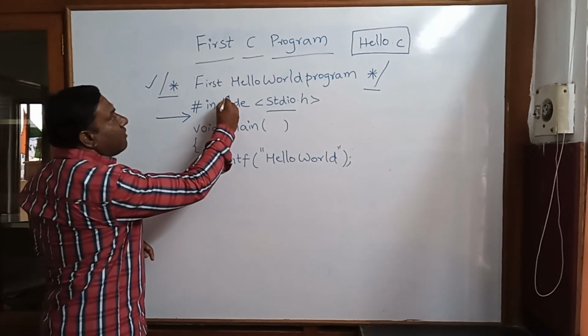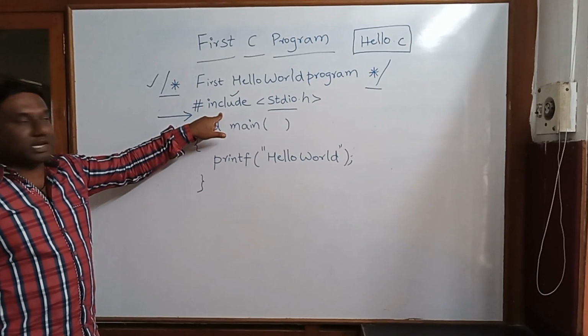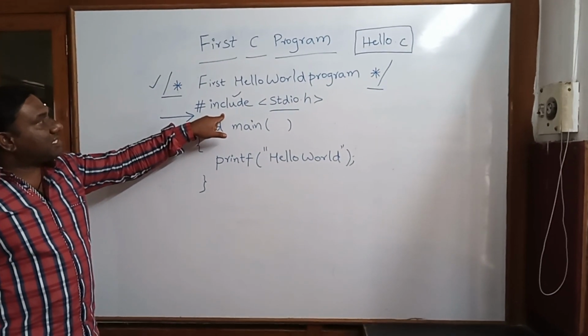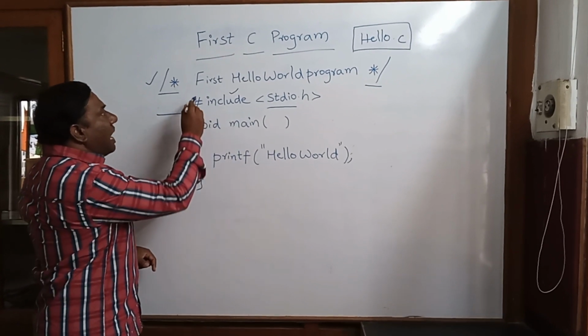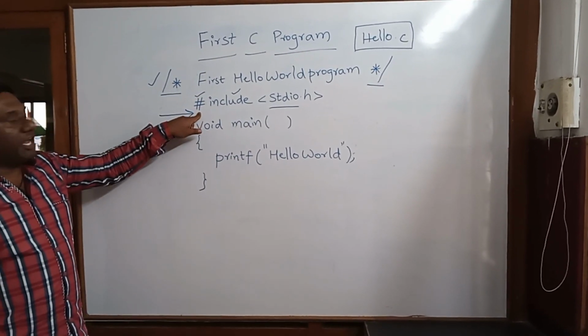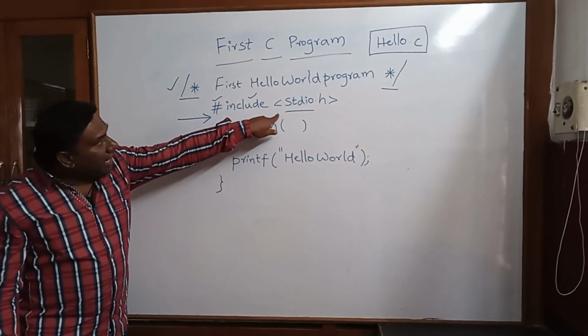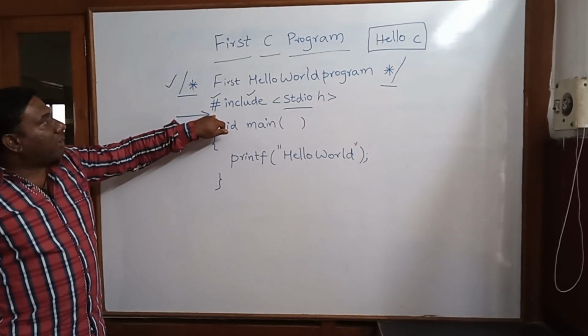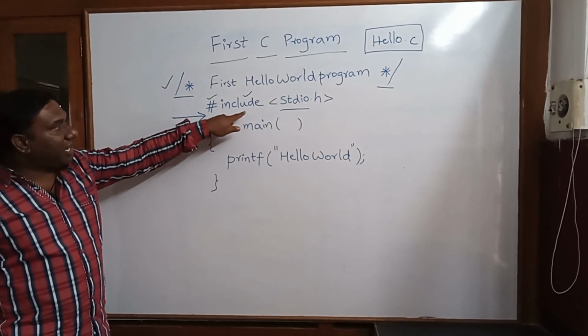Include is a keyword in C. Whenever your C compiler sees this statement, it understands that we need to include this particular file in our C program, and it will include this header file in our program.